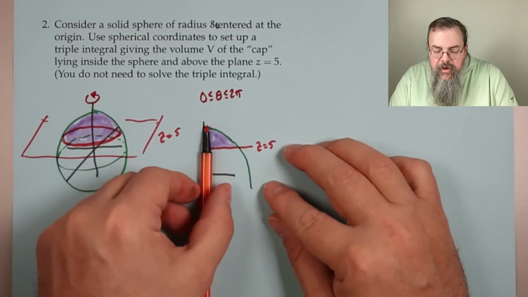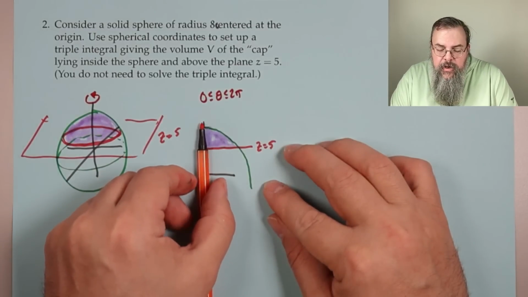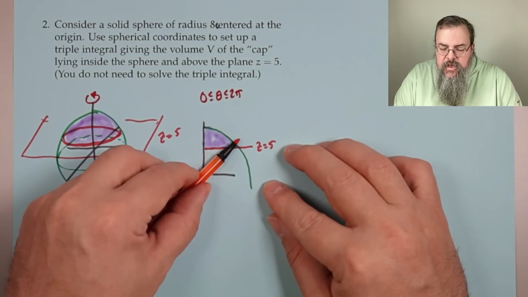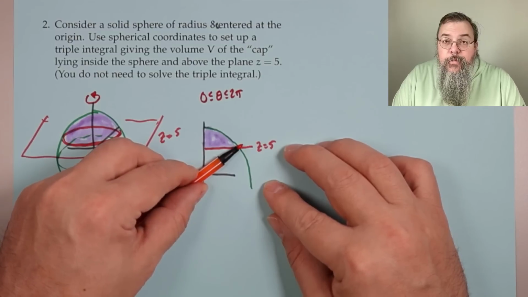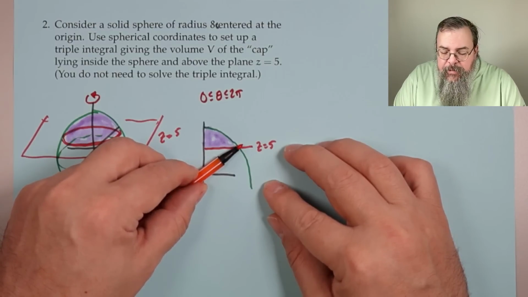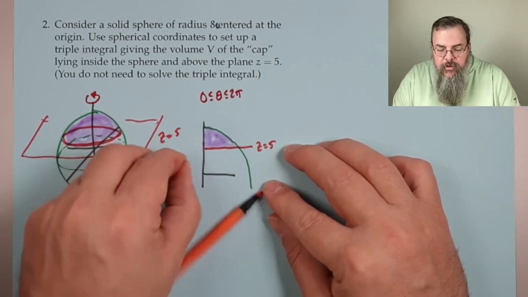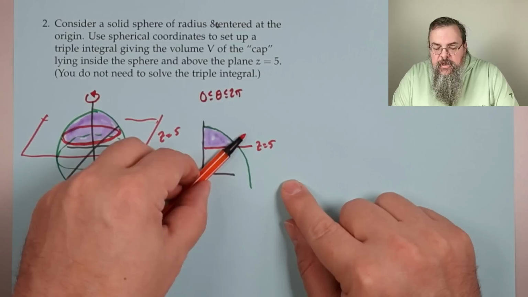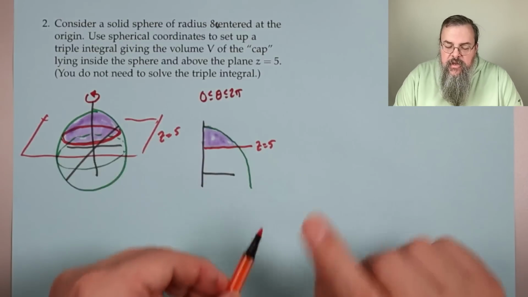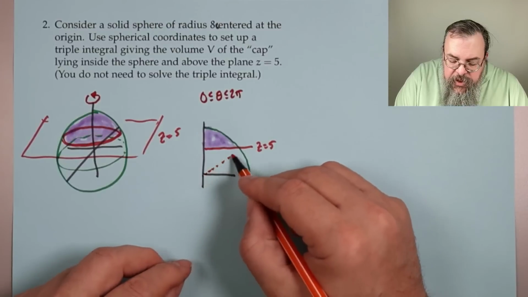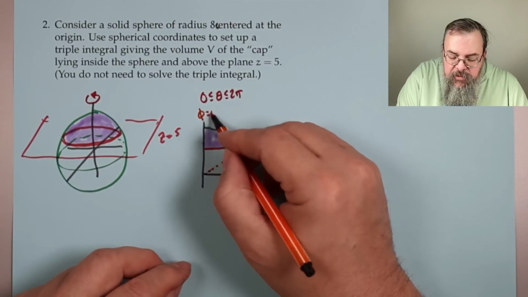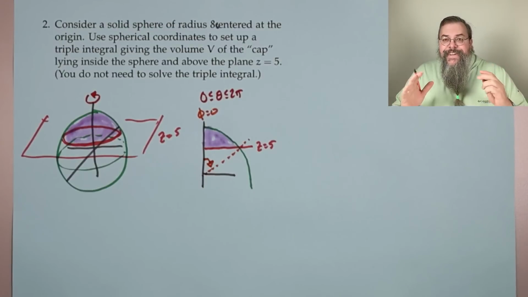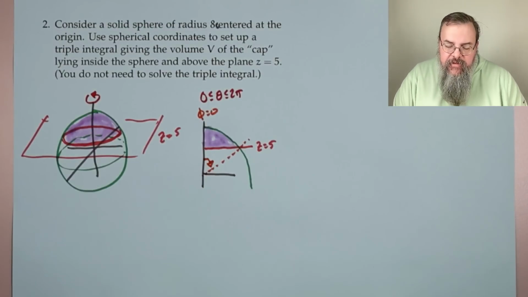Now we ask which angles hit our solid, starting from the origin. We hit the solid until we stop right at that point, and after that we don't hit anymore. So we're going from phi equals 0 to whatever this angle here is, because phi comes off the positive axis.